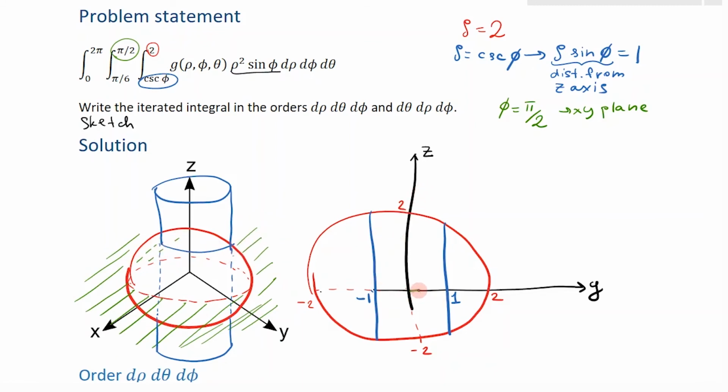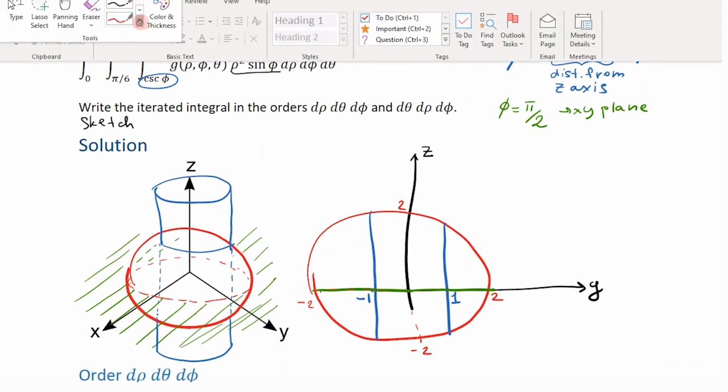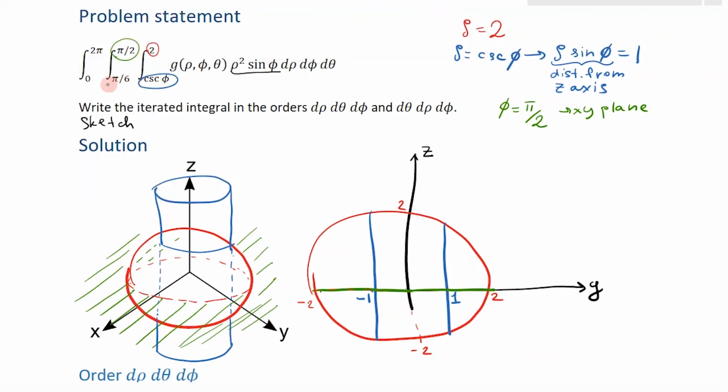And then here it will look like this. We have the lower bound on phi equal to pi over 6. This describes a cone. Now we want to understand where exactly this cone will go.